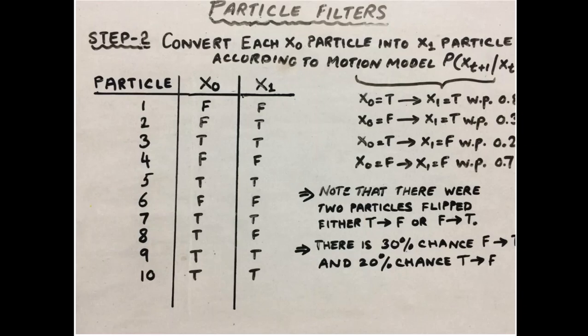Similarly, the other two probabilities: going from true to false is 0.2, and going from false to false is 0.7. These are the probabilities that we have assumed.